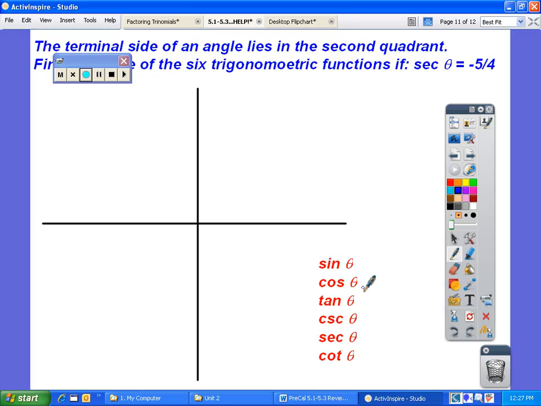So that's 4 over negative 5. That can't work, so the negative must go with the 4, because you can't have a negative radius. So that means once you figure out that it's 4 over 5, you do your Pythagorean theorem to find your value for sine.